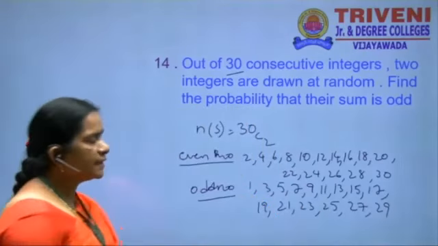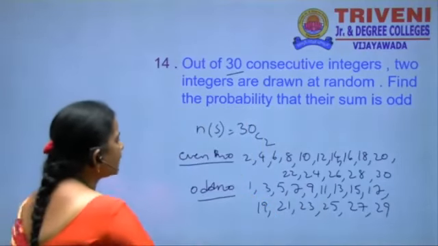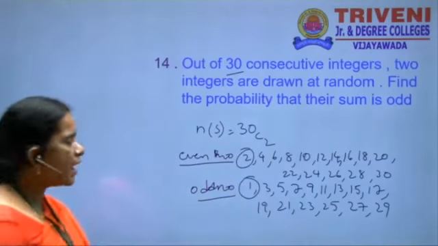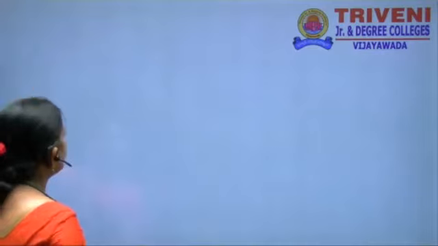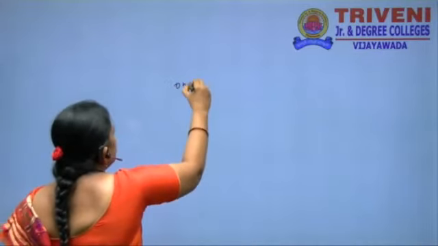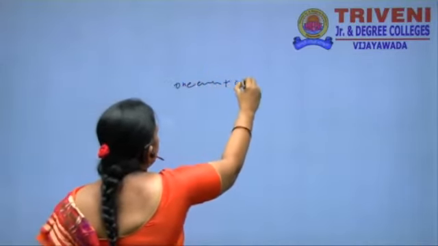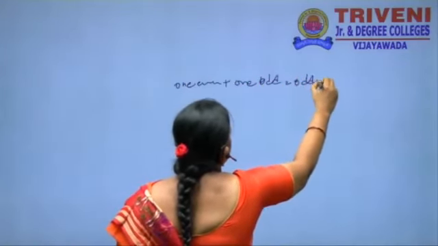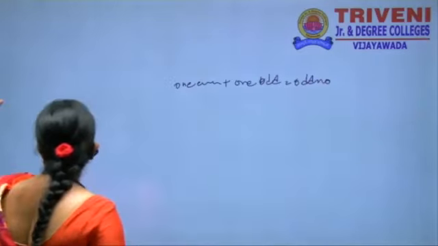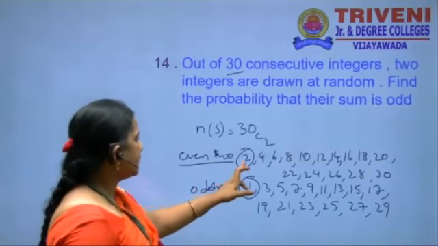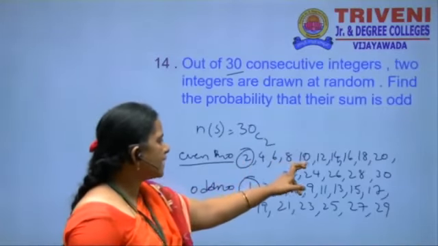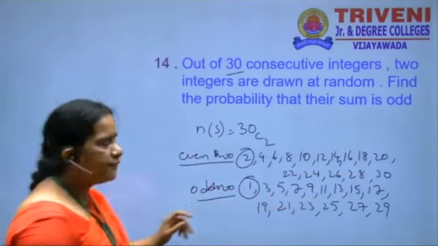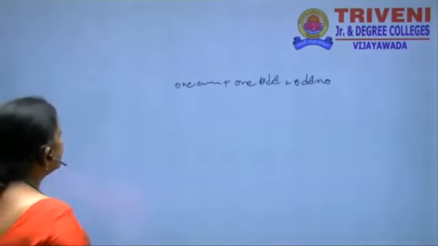When adding, for the sum to be odd, we have to add one even and one odd. We get an odd number. One even number plus one odd number gives an odd number. How many even numbers are there here? 15. 1, 2, 3, 4, 5, 6, 7, 8, 9, 10, 11, 12, 13, 14, 15. And odd numbers are also 15.